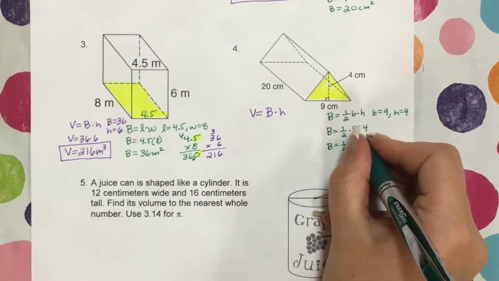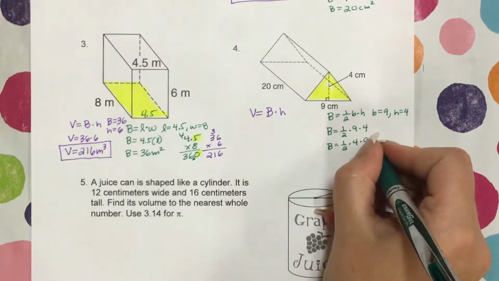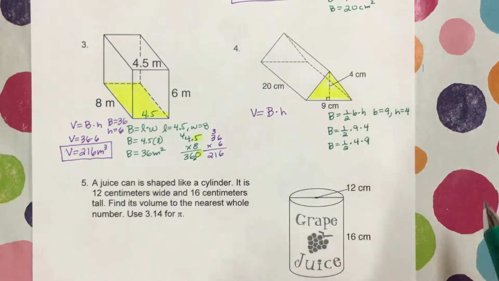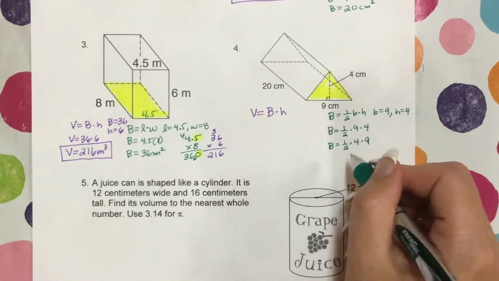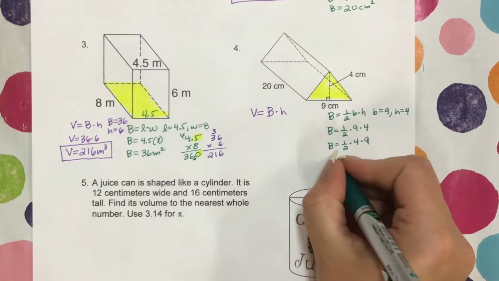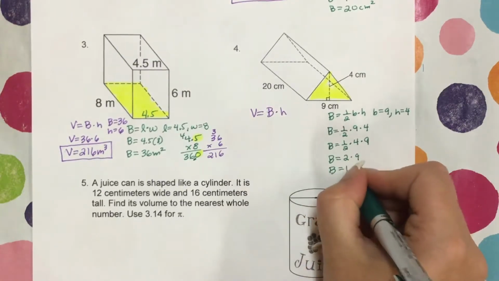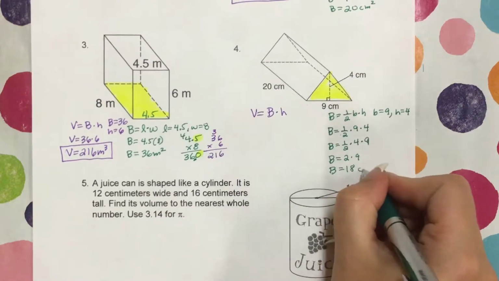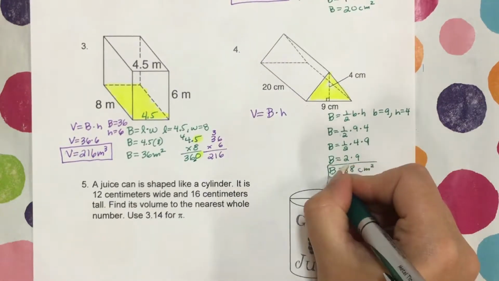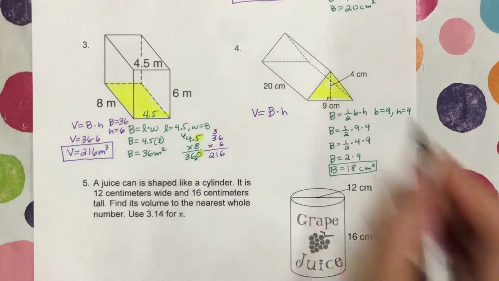And 1/2 times 9 times 4 is the same thing as 4 times 9. I can flip the order, and that's totally fine. And then I would be finding 1/2 of 4, which I know half of 4 is 2. So then I have 2 times 9, which is 18 centimeters squared. Okay, so the area of that base is 18 centimeters squared.